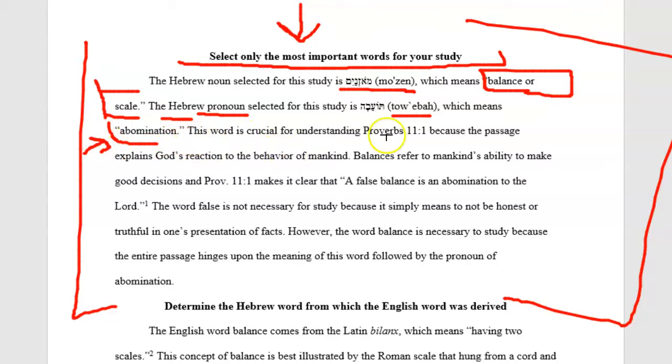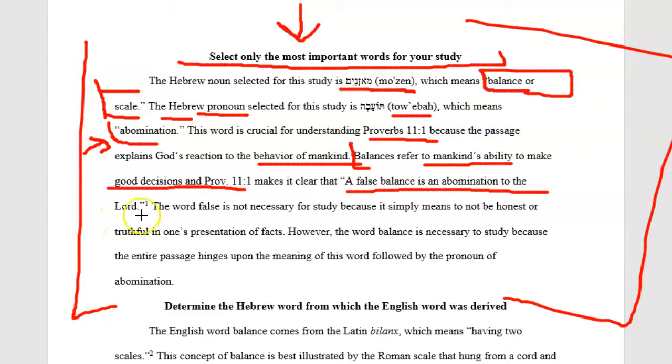This word is crucial for understanding Proverbs 11:1 because the passage explains God's reaction to the behavior of mankind. Balance refers to mankind's ability to make good decisions, and Proverbs 11:1 makes it clear that a false balance is an abomination to the Lord.